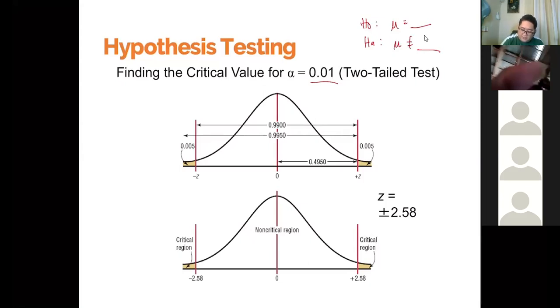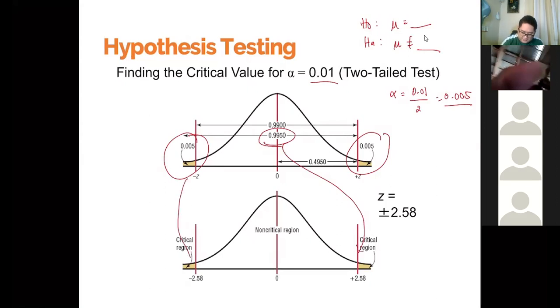Pag two-tailed test, given 0.01, di-divide mo siya sa 2. Kaya 0.005. Okay? Para makuha natin yung z-score, kailangan natin yung 1 minus 0.005 nung right. Kaya nakuha natin is 0.995.